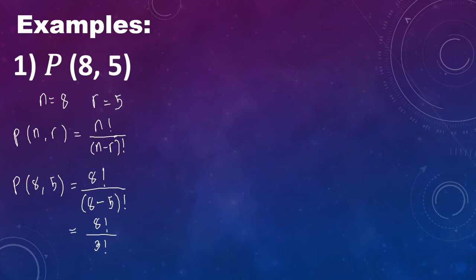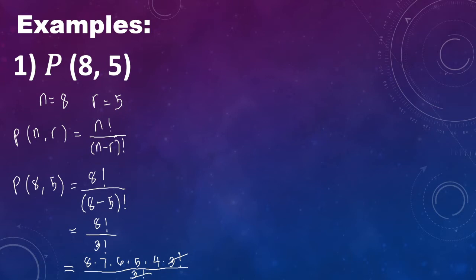So, ilipat ko na lang dito sa baba. Okay, so ito ay magiging 8 times 7 times 6 times 5 times 4 times 3 factorial over 3 factorial. Okay, then i-cancel na natin itong 3 factorial. Cancel na yan 3 factorial.